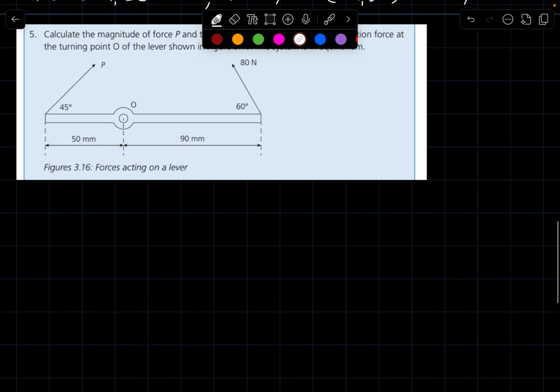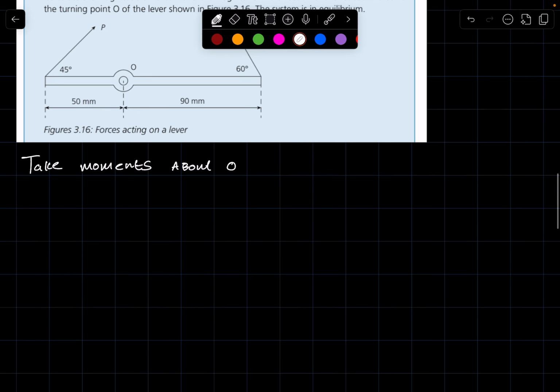So we take moments about O. And then we apply conditions of equilibrium using moments.